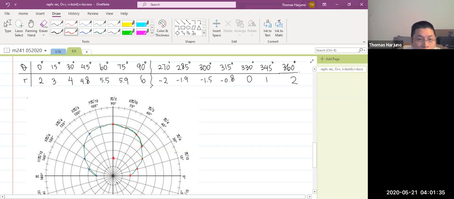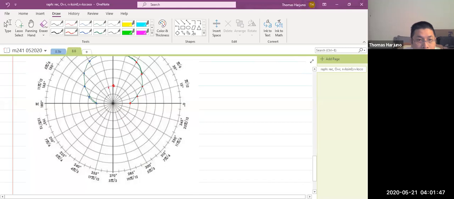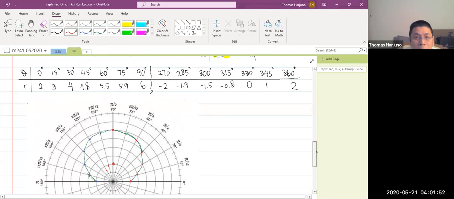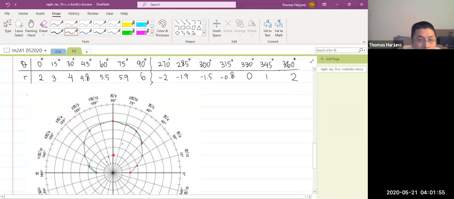At 285 degrees, I shoot backward 1.9. 300 degrees is here. I shoot backward 1.5. And then at 315 degrees, I shoot backward 0.8. At 330 degrees, it's 0. And 345 degrees, that's 1.